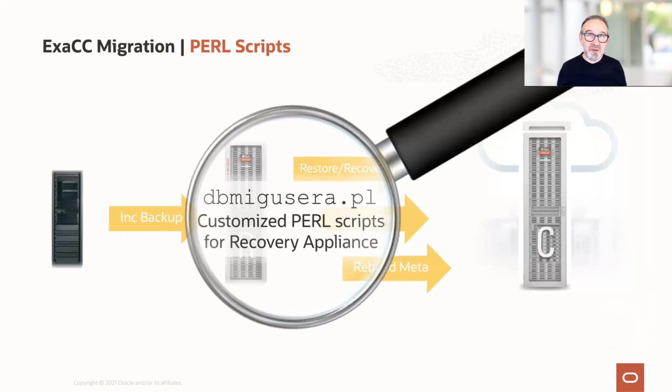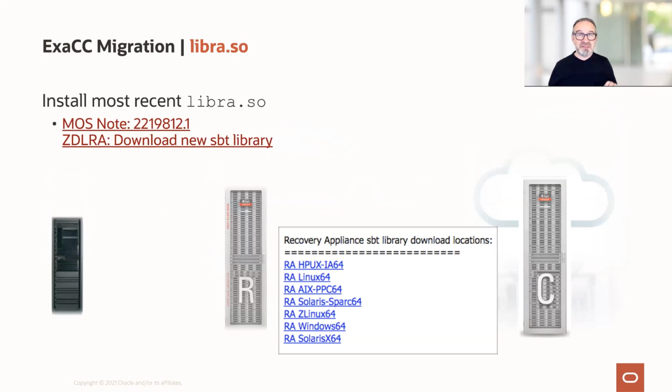And for the recovery appliance, we offer special customized Perl scripts. So DB, database, MIG, migration, use, recovery appliance. DB MIG USE RA PL, Perl scripts, and we will use them. Because these Perl scripts allow us to automate and use the recovery appliance as our perfect migration vehicle.